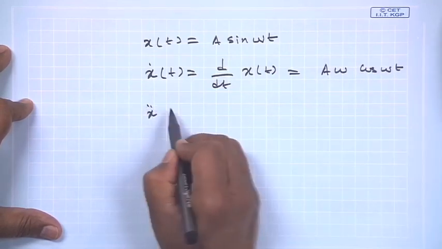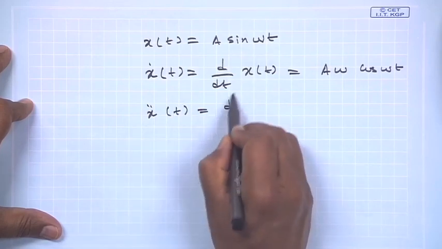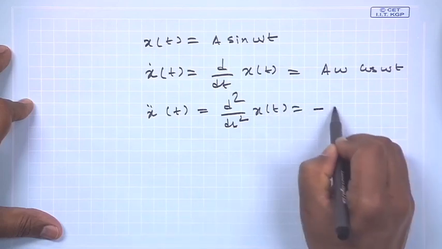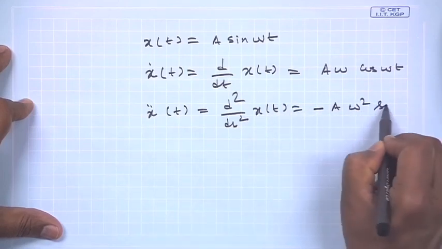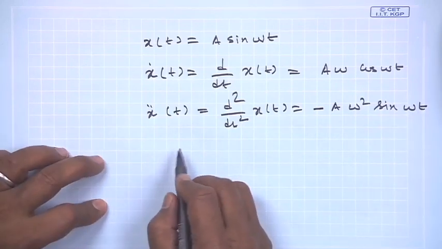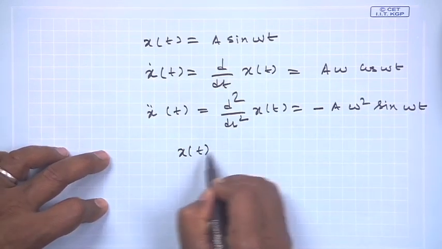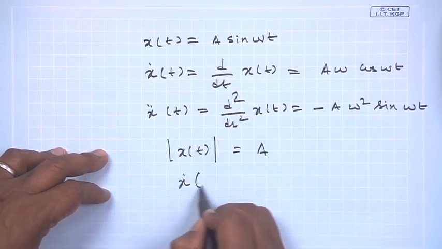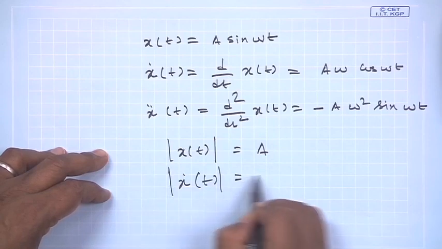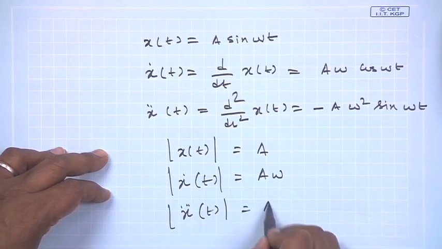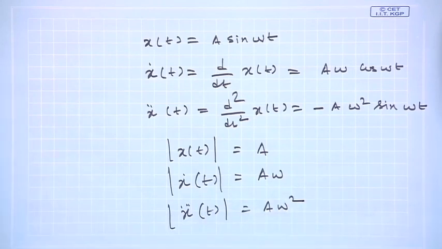And similarly, the acceleration x double dot t is d square by dt square of x t, which is minus a omega square sine omega t. So, if I look at the amplitudes, for x t it is a, the velocity amplitude is a omega, and the acceleration amplitude is a omega square.